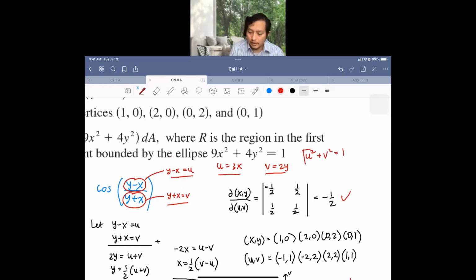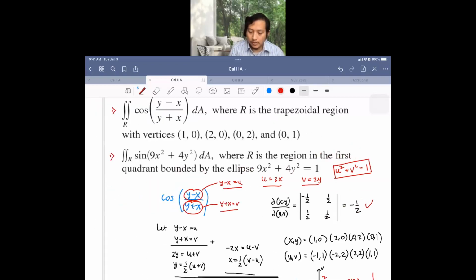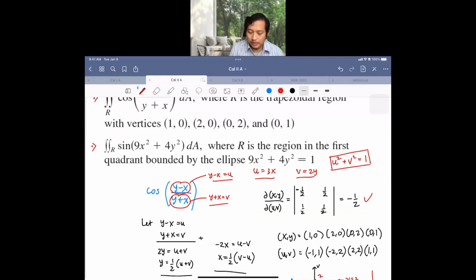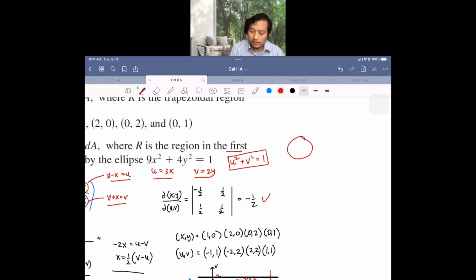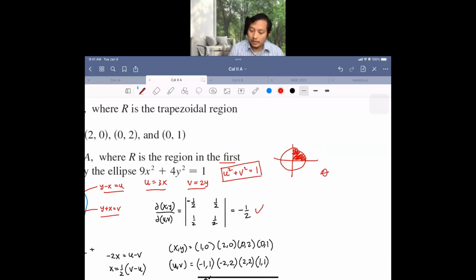So you have a circle, and another implication from the question is that it's in the first quadrant. The first quadrant means it's only a quarter of the circle. So if you have a circle, it's only this part. Which means your theta is from 0 to pi/2.